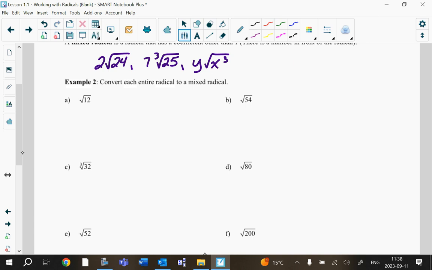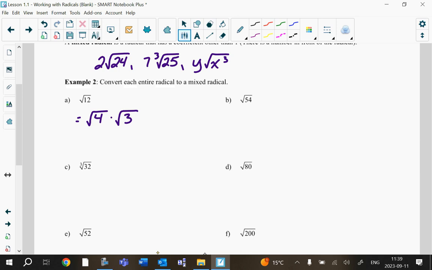These are ones when we simplify them by finding the highest perfect square that goes into the number underneath the radical. And remember the perfect squares, they're listed on the front page of this lesson. So I can break this down into the square root of 4 times the square root of 3. 4 times 3 is 12. Square root 4 times square root 3 is square root 12.